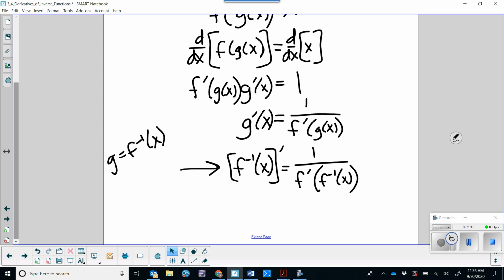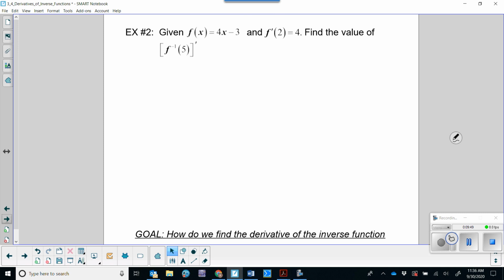Now, that's a fancy little proof, and a fancy way to say this formula. I like to just think of the formula in this way that we're going to talk about. If I want to find f inverse of 5 prime, that's what this is asking.